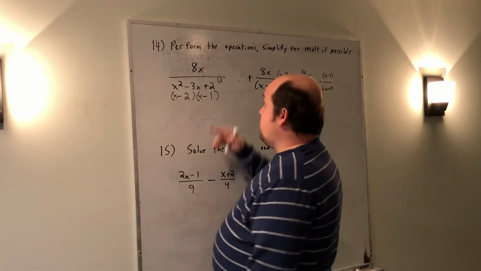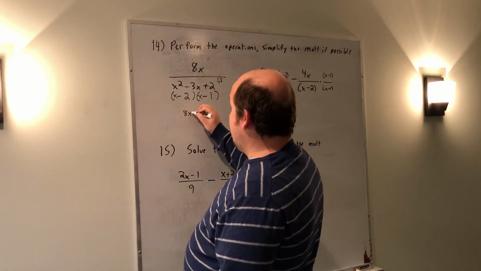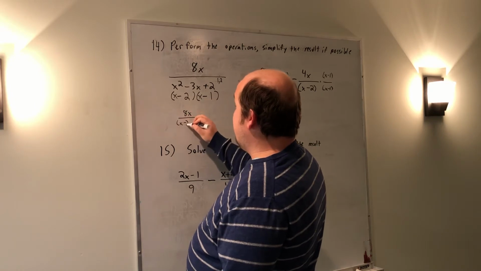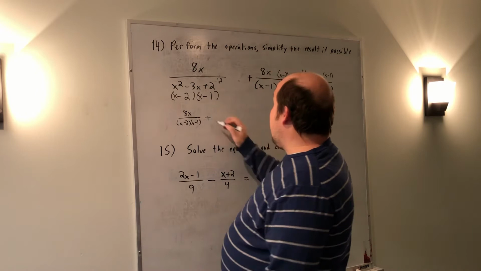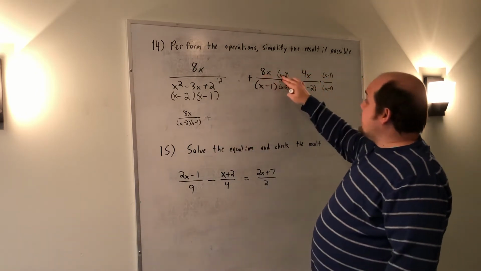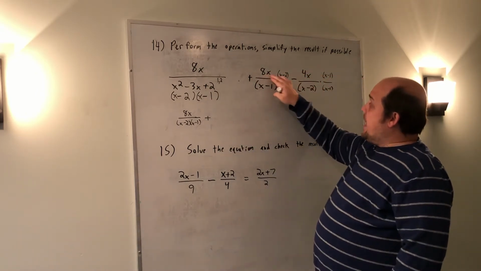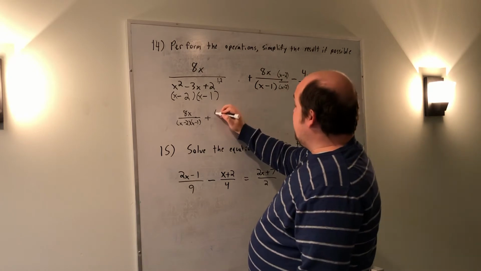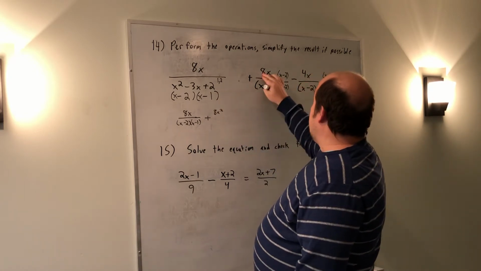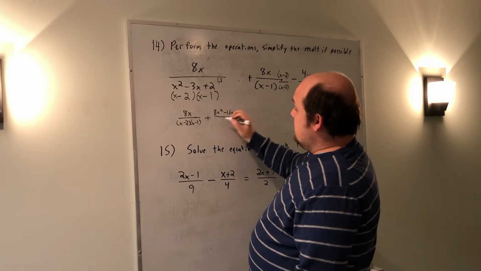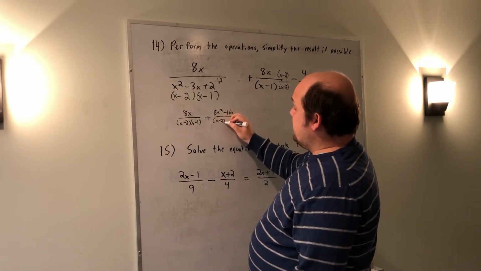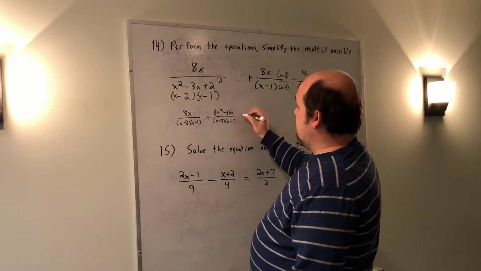Taking it term by term, this 8x stays just how it was, still over x minus 2, x minus 1. I'm then adding to that 8x times x minus 2. 8x times x gives me 8x squared. 8x times negative 2 gives me negative 16x. This is now also over x minus 2, x minus 1.